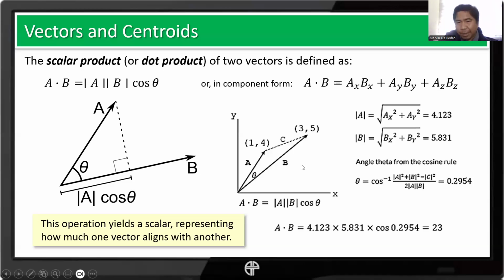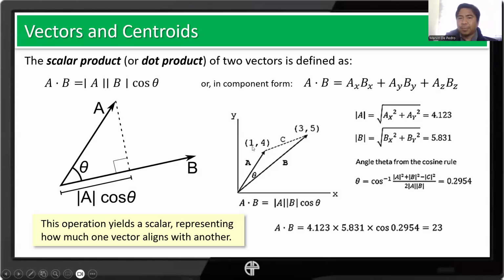We have vector A having components 1, 4, because the end of this vector is on 1, 4. 1 meaning 1 unit to the right and then 4 units upward. So the AX, or the X component of A, is 1, and AY, the Y component of A, is 4.